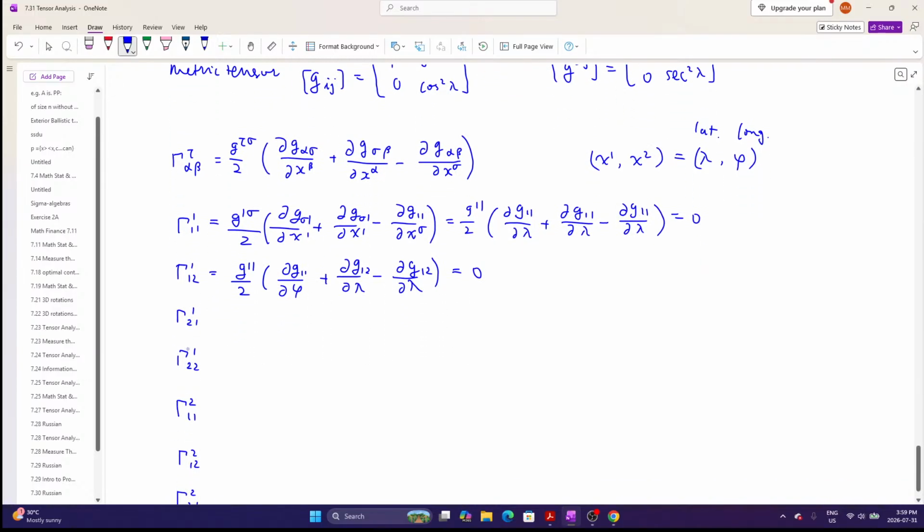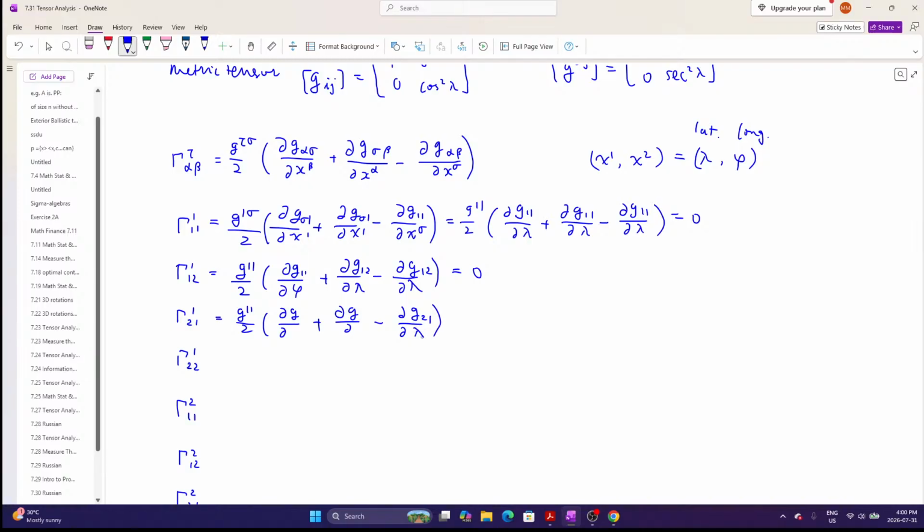Let's continue. Big gamma 1, 2, 1 would be g11 over 2, once again because of the 1 on top, times dg something plus dg something minus dg something. The last one is dg12 over dx1 because of the 1 in the summation index, and x1 is lambda.